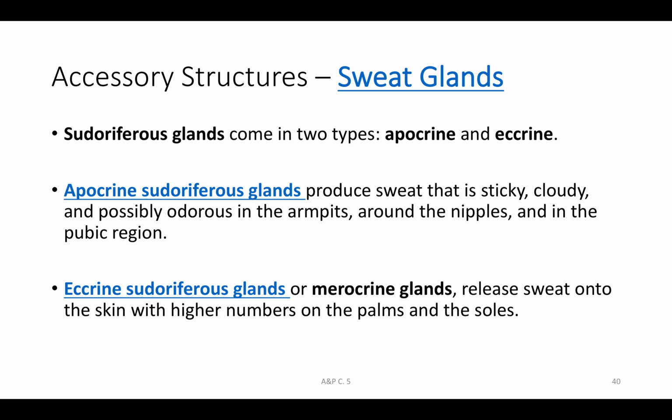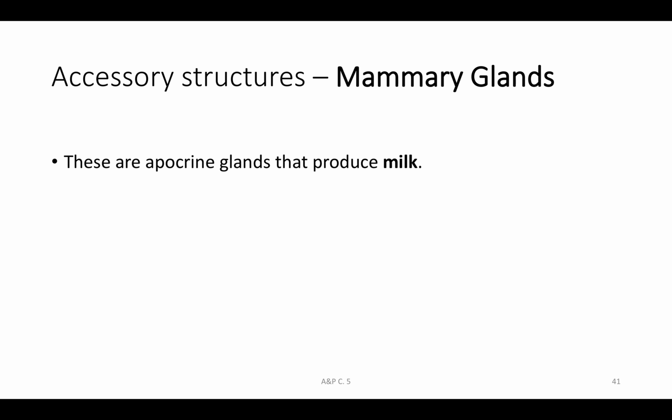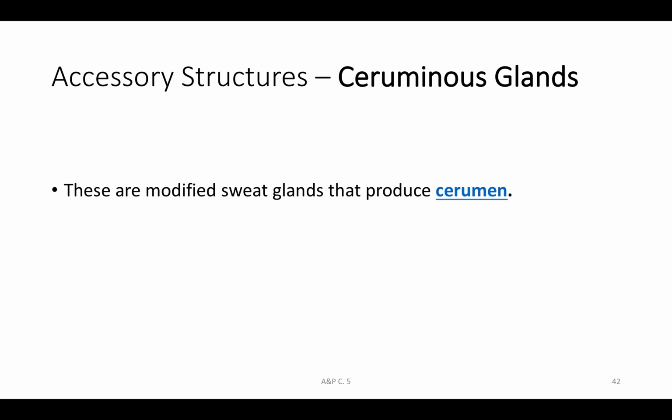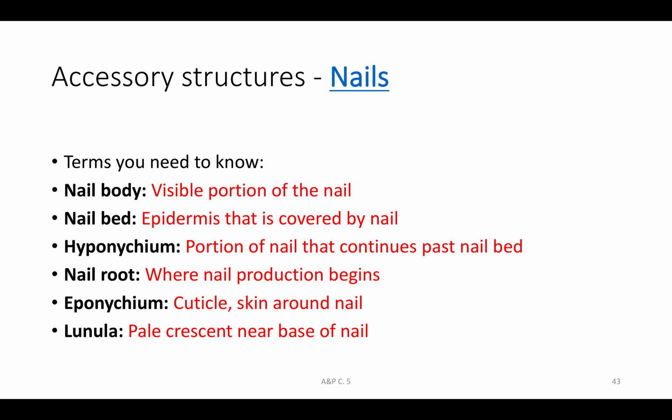And then you have eccrine glands, or another term for them is merocrine glands, and they release sweat on your skin in high numbers. The sweat that's going to be on the palms of your hands and the soles of your feet. While it does produce a lot of sweat, it doesn't have that characteristic smell. And then you have mammary glands, which produce milk. Ceruminous glands produce cerumen, which is earwax.